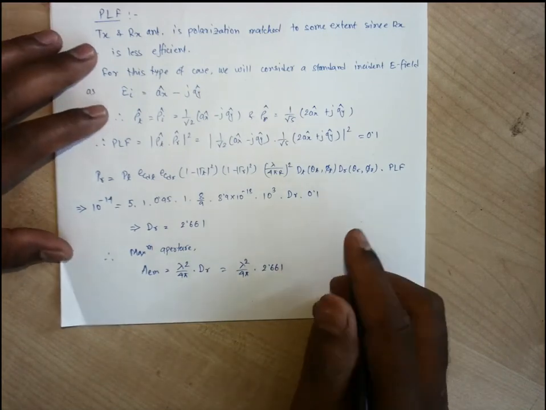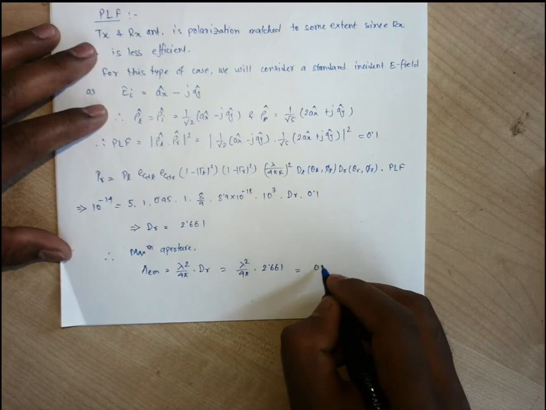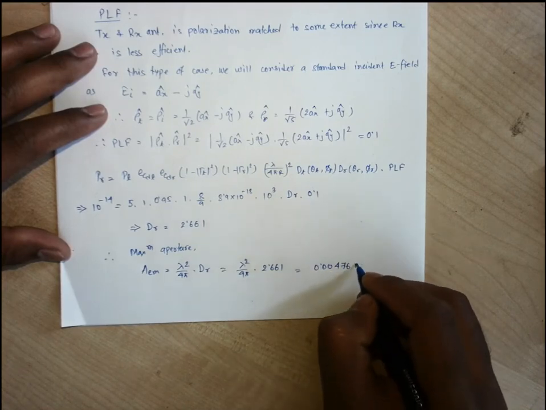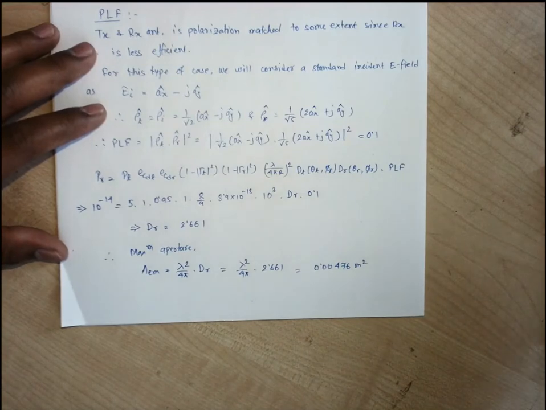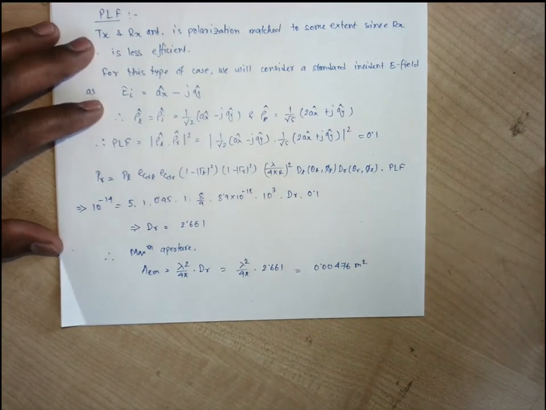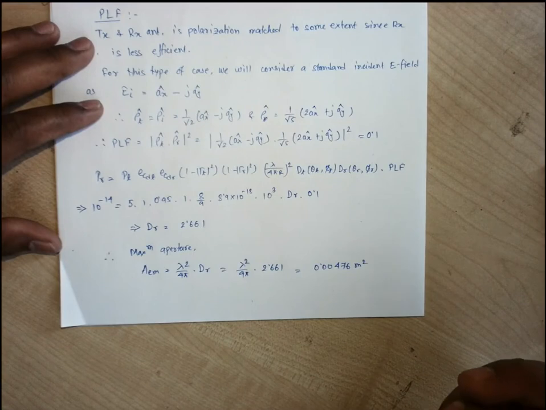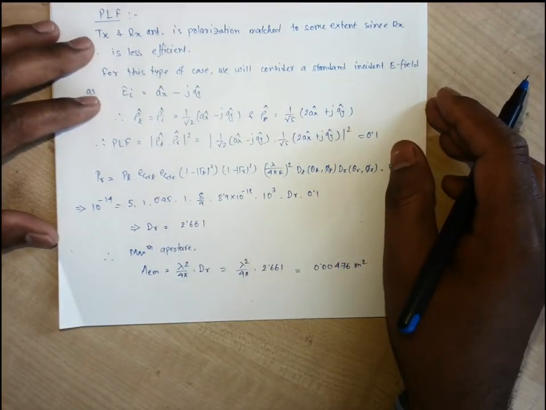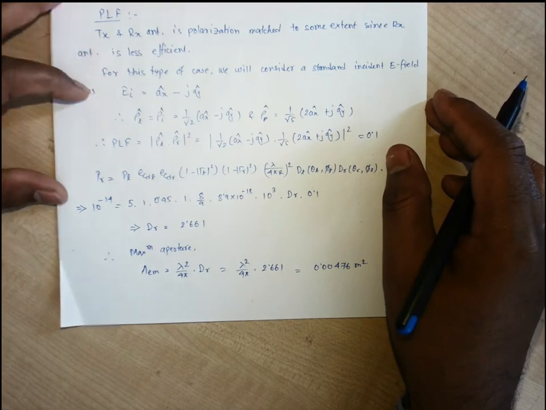So it comes out as 0.0476 meter square. This is the maximum aperture of that receiving antenna to have the power of 10 to the power minus 14 at the receiving side. Clear?